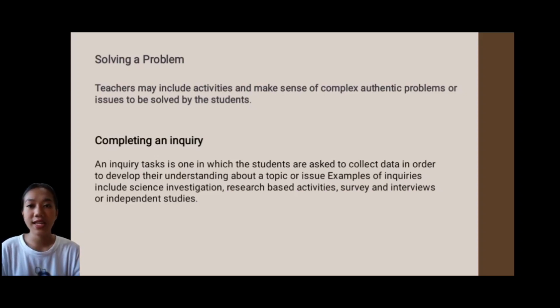This helps the students become independent thinkers and learners for life, and helps them meet the challenges of the 21st century. So when we say solving a problem, it is the act of defining a problem, determining the cause of the problem, identifying, prioritizing, and selecting alternatives for a solution, and implementing a solution.